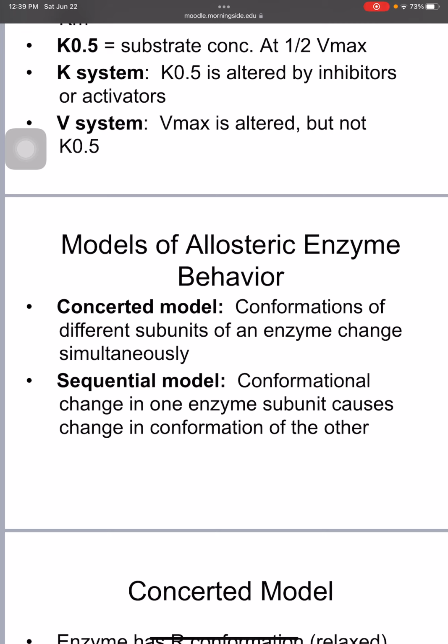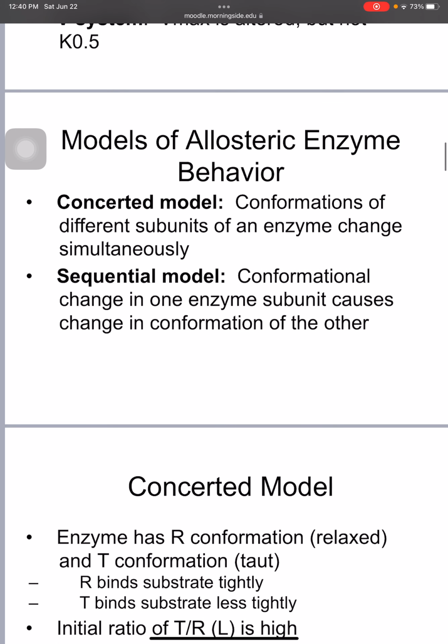In the concerted model, all parts of the enzyme, all subunits, everything, exhibit a conformational change at one time. So something binds to that enzyme, the whole thing shifts. The whole thing changes shape. In the sequential model, something will bind to a subunit of an enzyme.